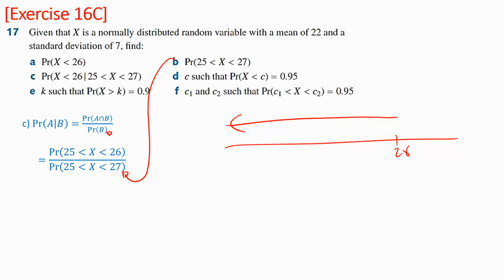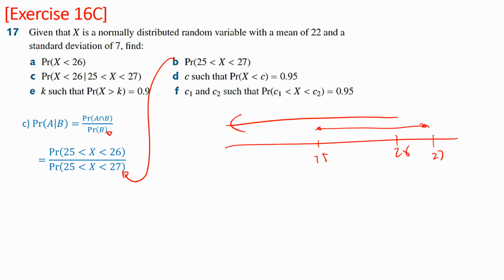And the other one says between 25 to 27. So where do they both intersect? That's where they both intersect. So when you say what's the chance of both of them occurring, for them to be less than 26 and intersect with 25 to 27, then clearly it's between 25 to 26, right around here. That's the logic. Because you're just saying, when do they both occur? Well, that's where they both occur, right here.